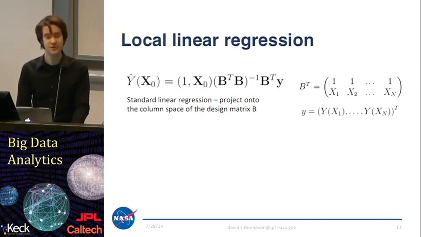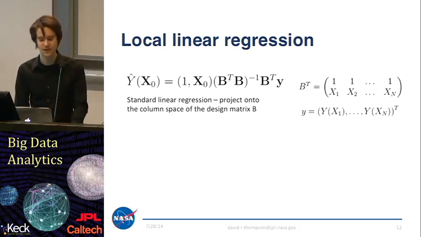It's actually very similar to kernel smoothing in a lot of ways, but it builds off of standard least squares linear regression. So you may be familiar with the hat matrix and standard linear least squares. Here's an example of a linear least squares estimate at x sub naught, where we've defined a data matrix B and our predictors y.